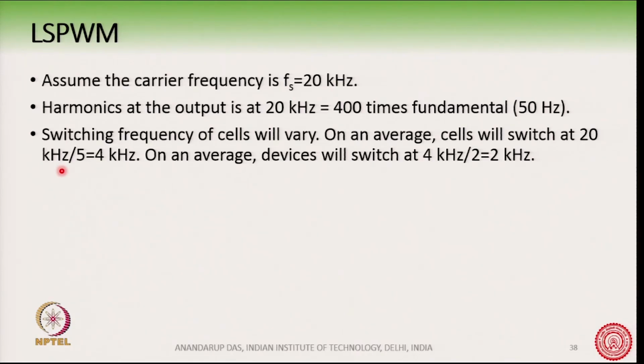So, the device switching frequency in both cases remains the same, but in phase shift PWM the carrier frequency is equal to the device switching frequency, and in level shift PWM the carrier frequency is equal to the effective output switching frequency. So, that is what this slide shows.